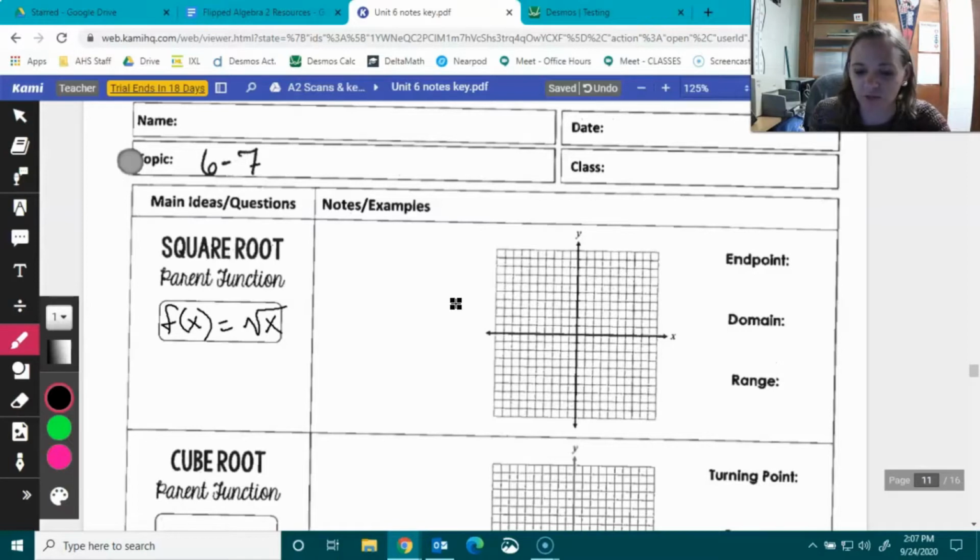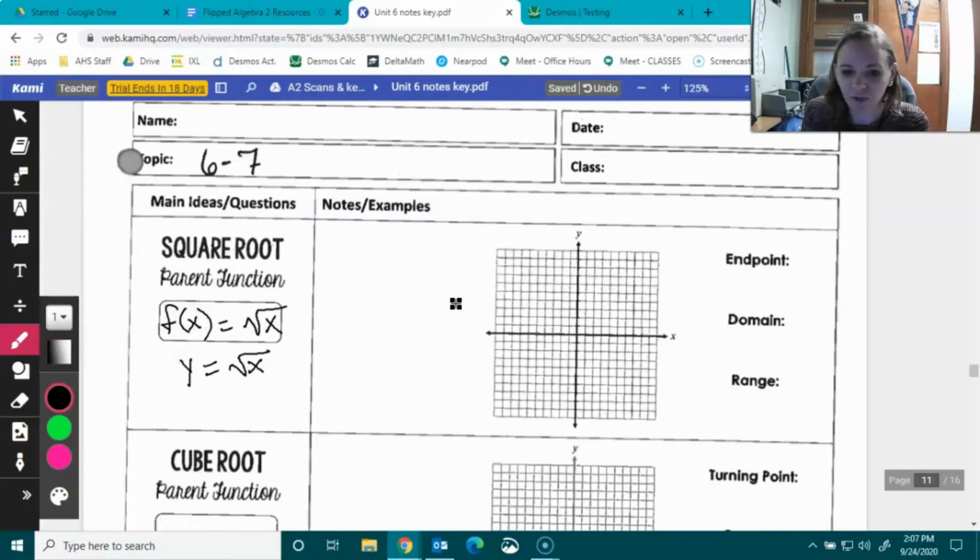So that's just the square root of x. Of course, f of x is the same thing as y, so you can also imagine that as y is equal to the square root of x. So we have no other numbers in here, but all it has is the square root over some number, and that is the parent function. We're going to get more into comparing our functions later, but just so you have it, that's what it is.